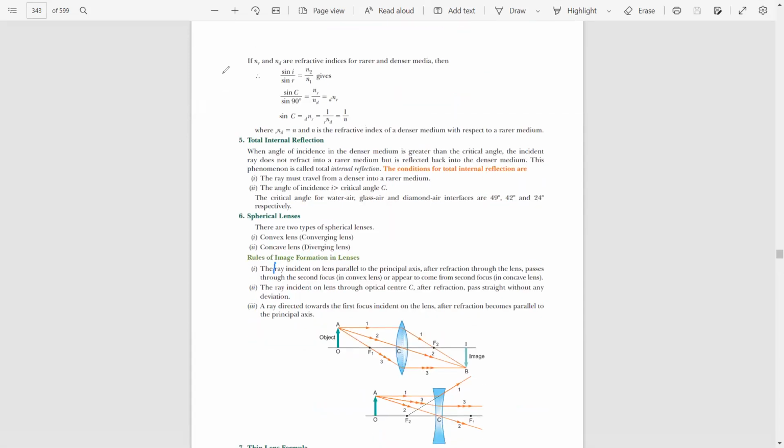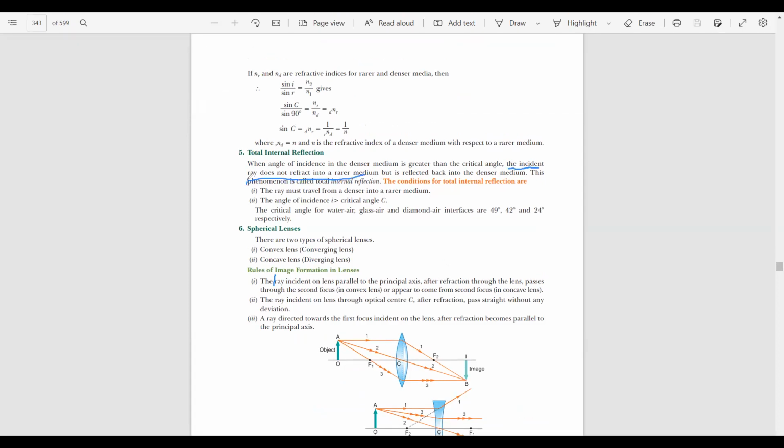Then total internal reflection. When the angle of incidence in the denser medium is greater than the critical angle, the incident ray does not refract into the rarer medium, but reflects back into the denser medium. That is, it keeps on reflecting here.